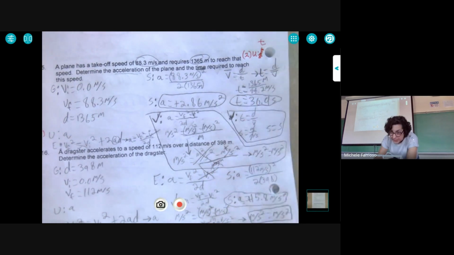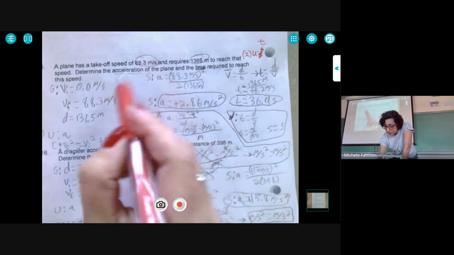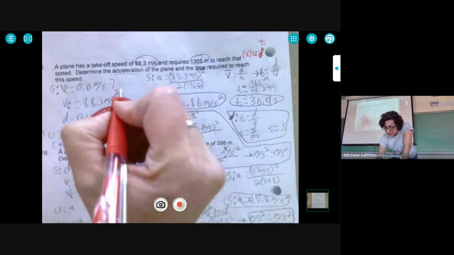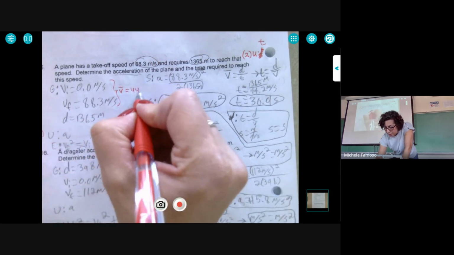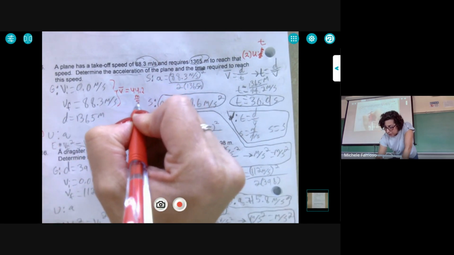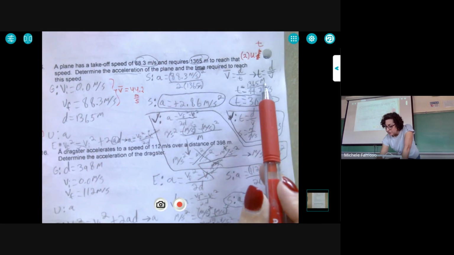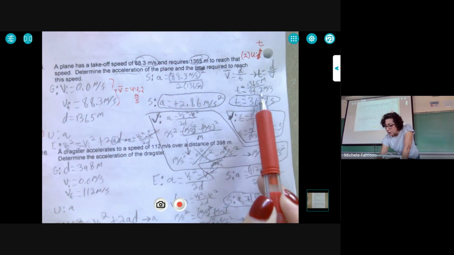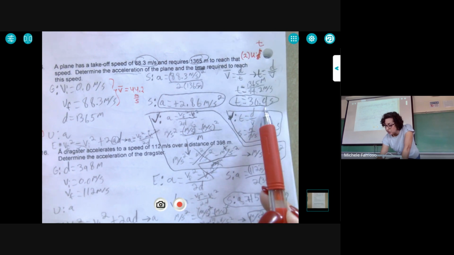You are correct, finding T. So that means T is D over V bar. He averages these two values and found that his V bar, with the same precision, is 44.2 meters per second, which is correct. So the time is 1,365 meters over 44.2 meters per second, giving him 30.9 seconds, which is correct.